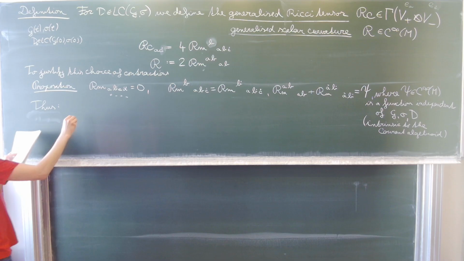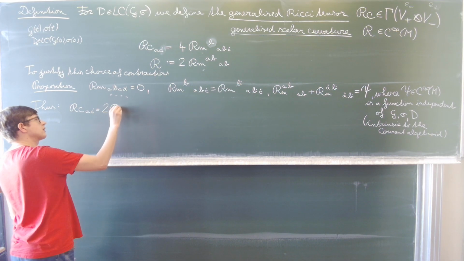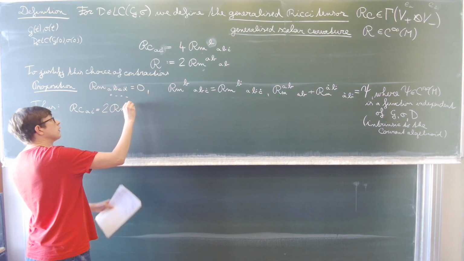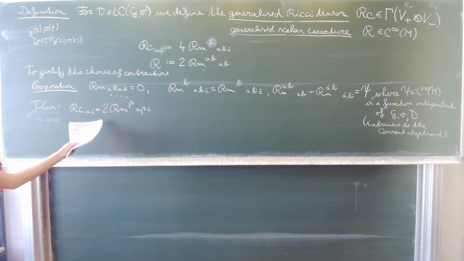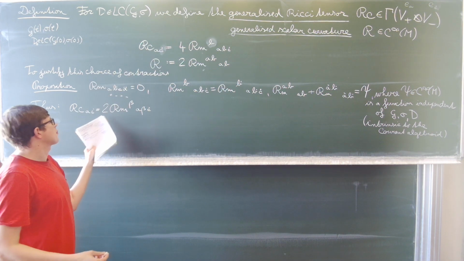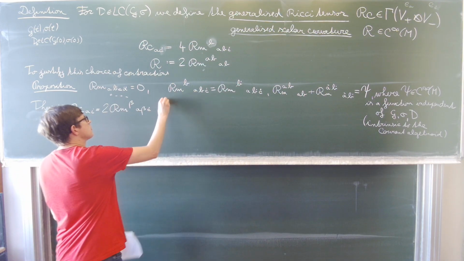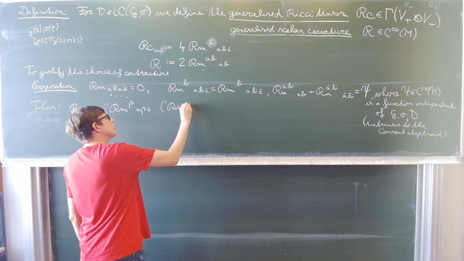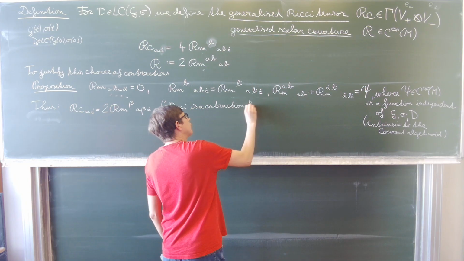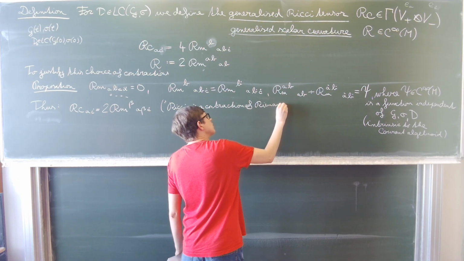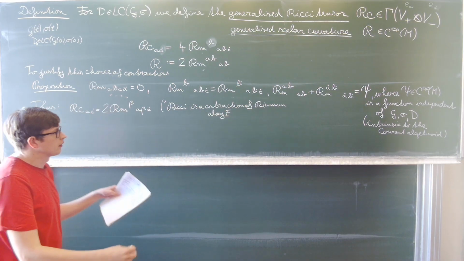So thus, in fact, Ricci tensor I could have defined it maybe slightly less weirdly by saying that it's 2 times, up to the factor of 2, which is anyway probably more palatable, more appropriate than factor of 4. You see that I could have just as well defined it as a Ricci is a contraction of Riemann along E, as you would normally define a Ricci tensor, you just contract it.